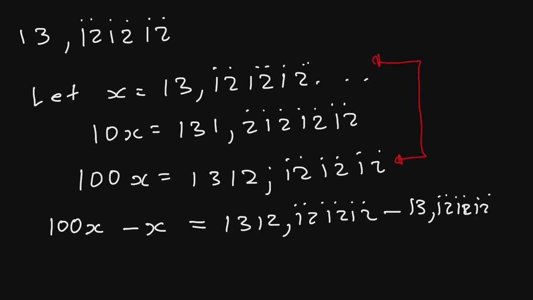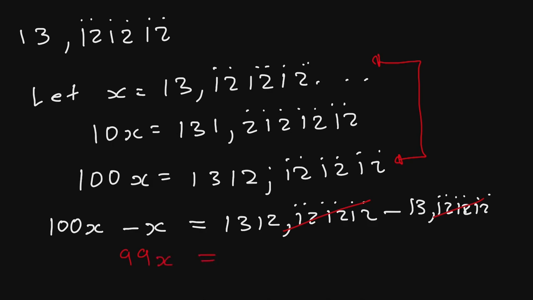Now, remember, when we minus on this side, can you see that these things will cancel out? So if these things cancel out, we can just minus 1312 with 13 so that we get a whole number. And then on this side, we're going to say 100 minus 1, which is going to give us 99x.